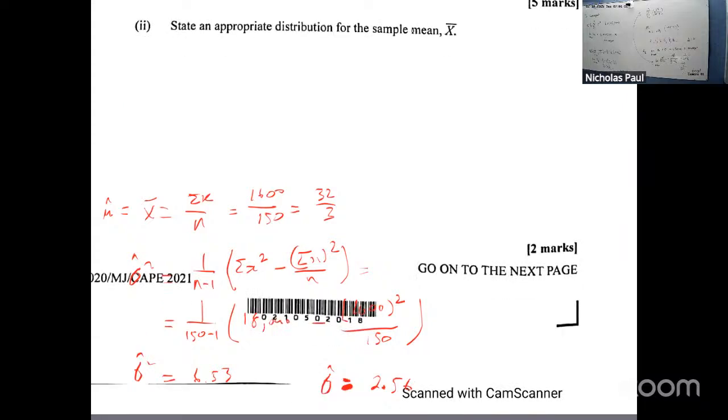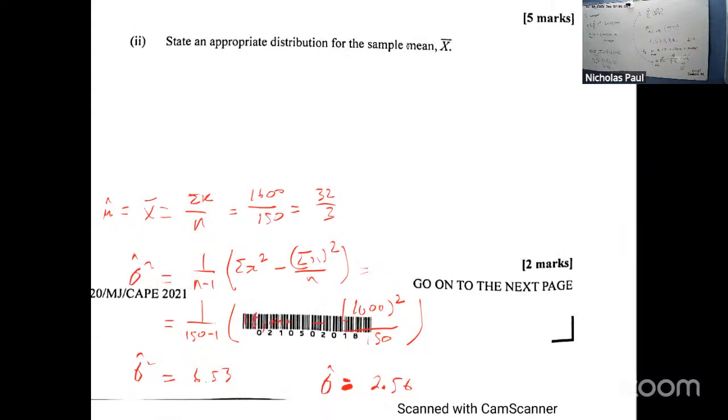Right, next one. State an appropriate distribution for the sample mean. So go back to your sample mean, and you should remember X bar follows the normal distribution, mean mu, variance sigma squared on n.